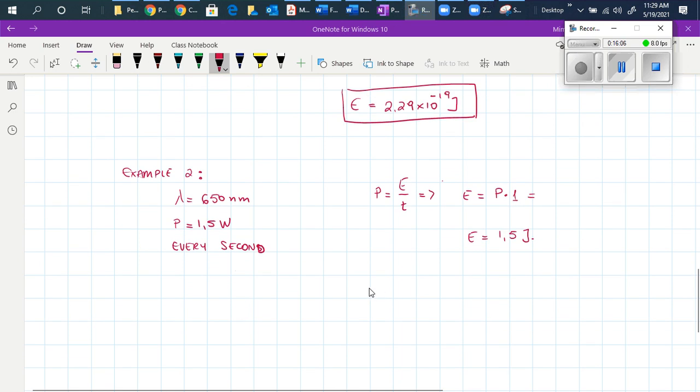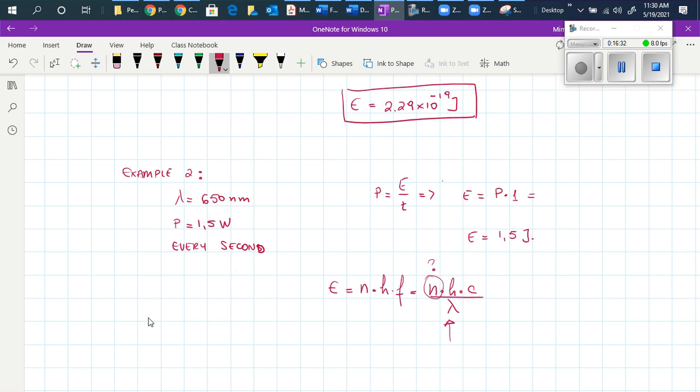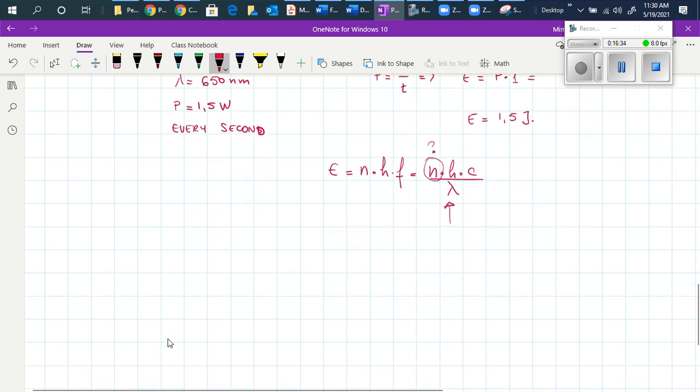Now that we know the energy, let's calculate the number of photons. The energy formula is n times h times f, or n times h times c over the wavelength. Since we know the wavelength, we will use this formula and look for the number of photons emitting this amount of energy. So n equals the energy times lambda over h times c, where c is the speed of light.